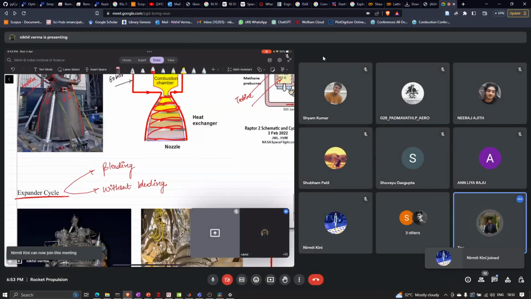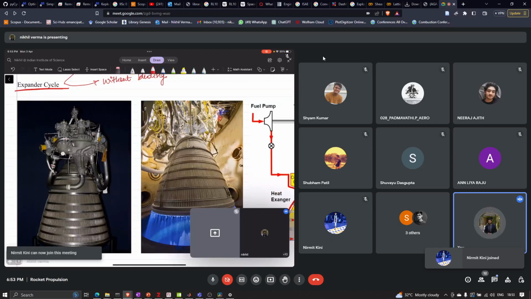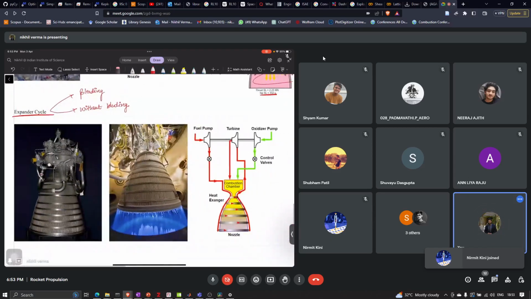Next we have an expander cycle. Here we have a fuel pump again, which is just fed through the combustion chamber, and it goes to the turbine. We do not mix this with oxygen, so all the enthalpy that is gained is through a heat exchanger in the nozzle part.